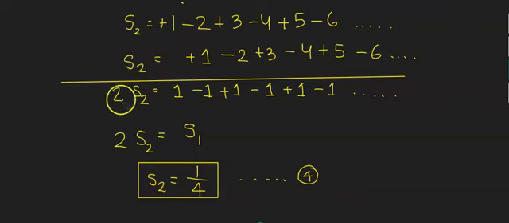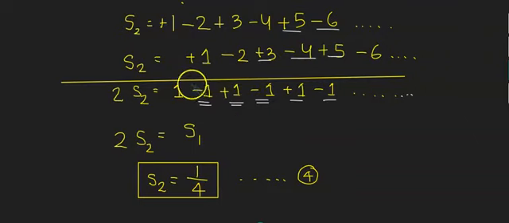So S2 and S2 give 2S2 on the left hand side, and here negative 2 and plus 1 gives you minus 1, plus 3 and minus 2 gives you plus 1, minus 4 and plus 3 gives you negative 1, plus 5 and negative 4 gives you plus 1, negative 6 and plus 5 gives you negative 1, and so on till infinity.